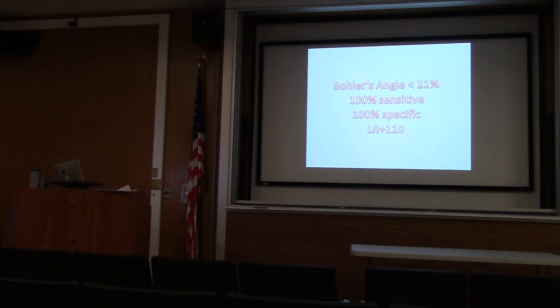If it's less than 25, that has a sensitivity of 100%, but a specificity of about 84%, so you're about 5 times more likely to have a calcaneal fracture if your Bowler's angle is less than 25. If it's less than 21, you're almost guaranteed to have a calcaneal fracture. So it's really important to measure that, because you can't always necessarily see a calcaneal fracture on X-ray.